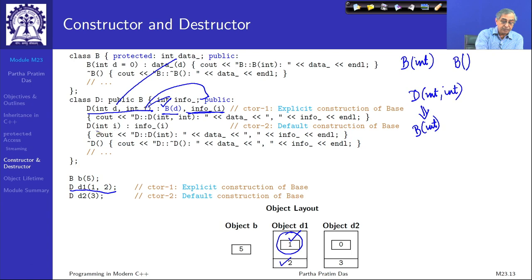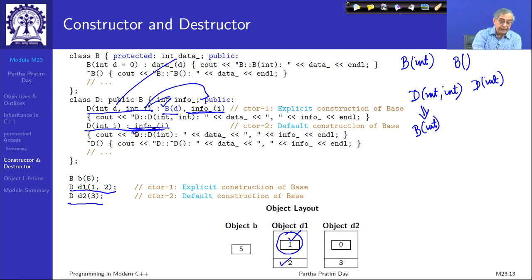I have a second constructor given, which takes only one parameter. So, that is D int. Just look at what it does: it also needs to construct the base class instance, but it is not calling the base class constructor. So, it is like D2.